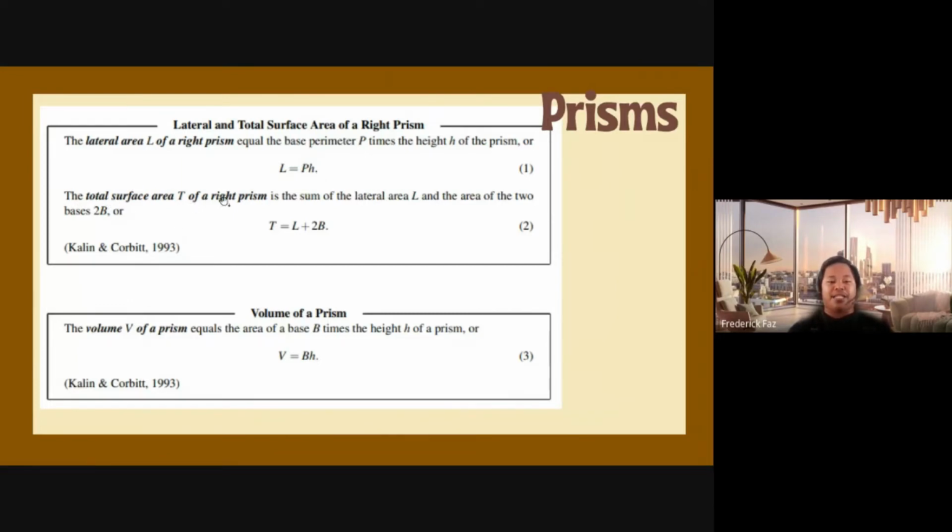The total surface area of a prism is the sum of the lateral area and the area of the two bases, 2B. We have here the volume of a prism. The volume of a prism is equal to the area of the base times the height or the altitude.